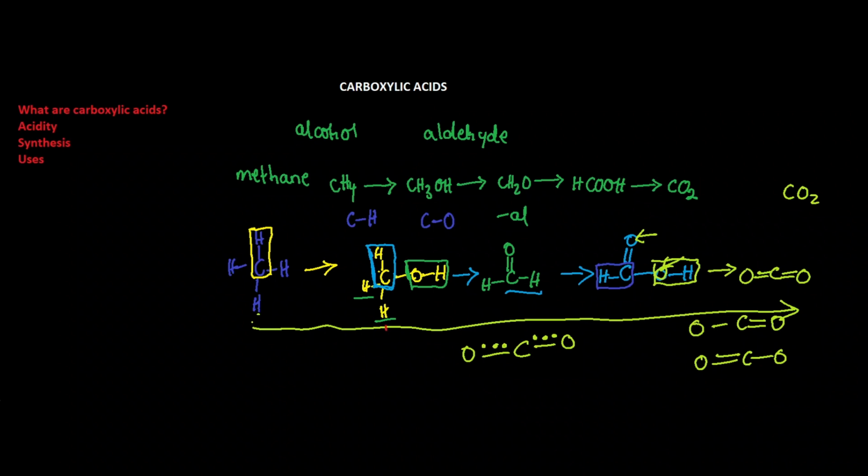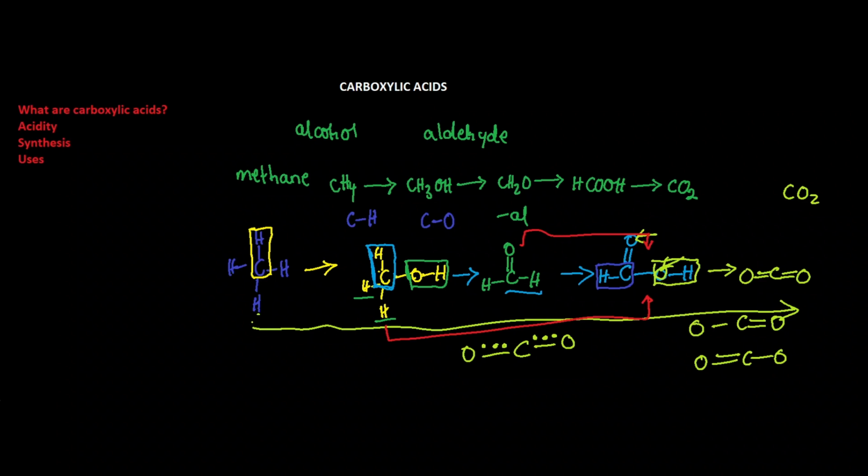So we can see that if we have an alcohol, we could oxidize the alcohol directly to be a carboxylic acid, and we could oxidize an aldehyde to be a carboxylic acid. Now this is how carboxylic acids are synthesized.